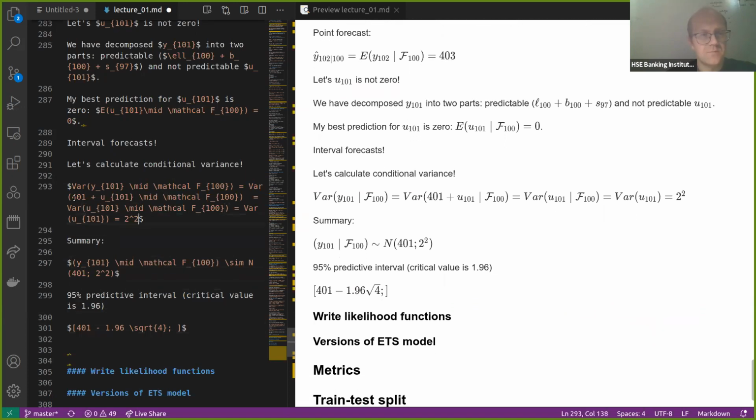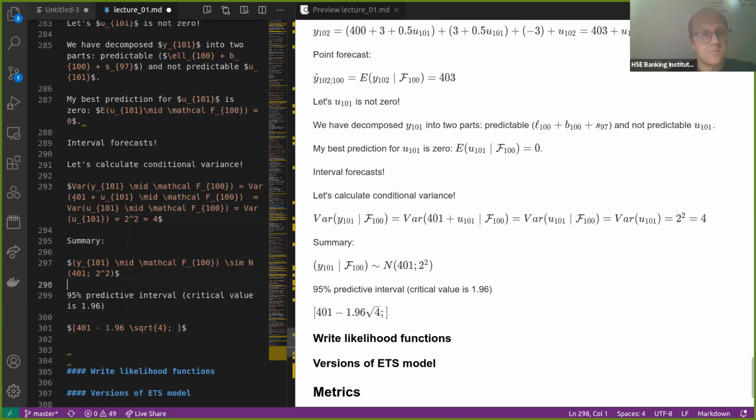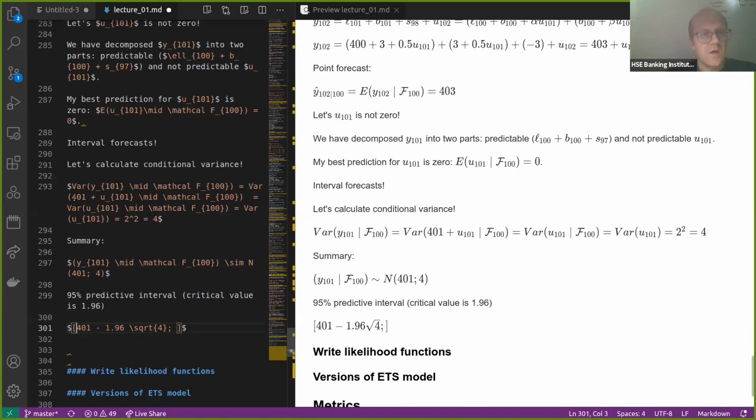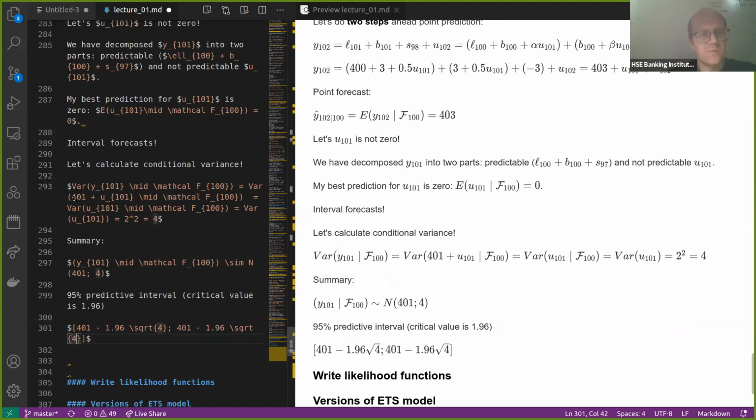Yeah, this is the variance. And the interval is symmetric because we work with a normal distribution. Now we have calculated the one step ahead predictive interval. If you have any questions, just don't be shy.